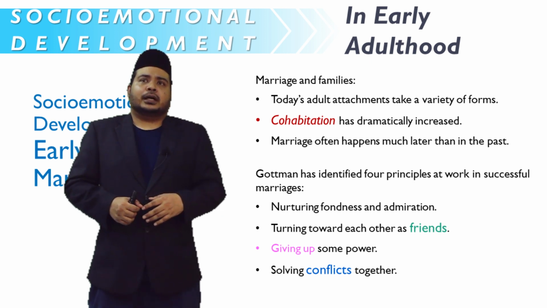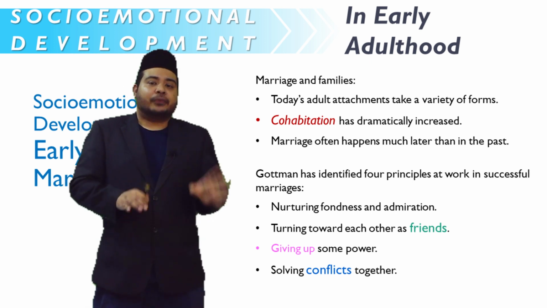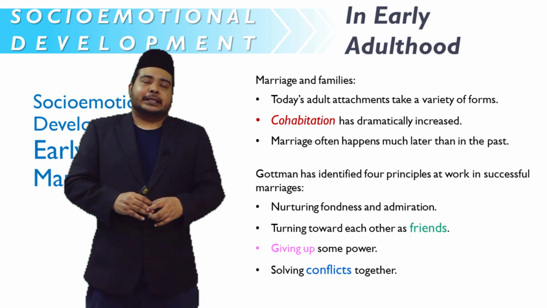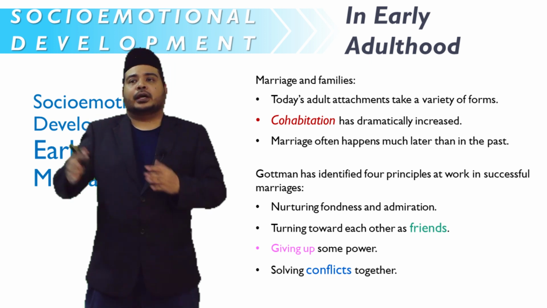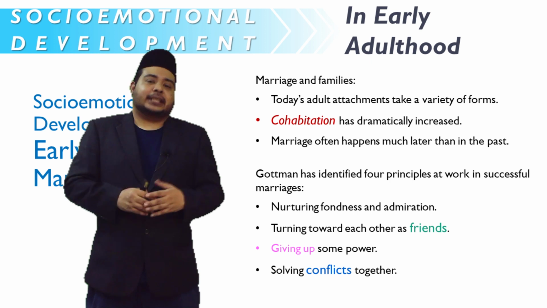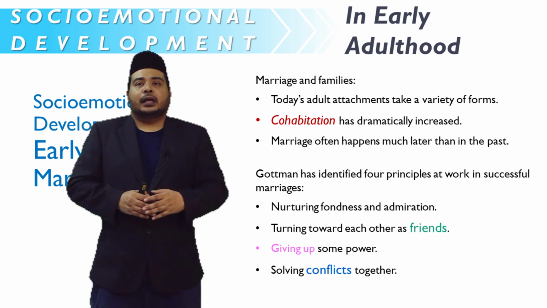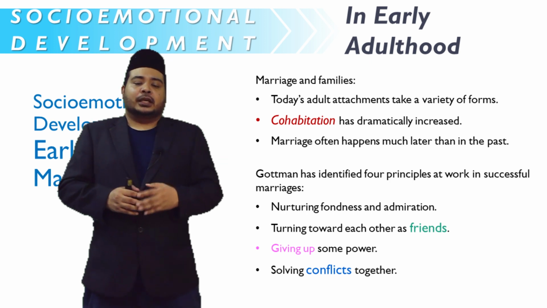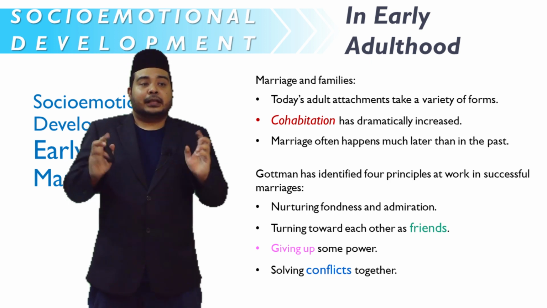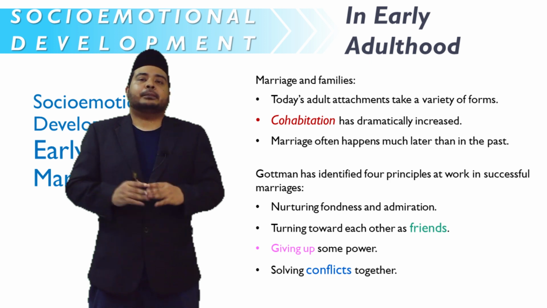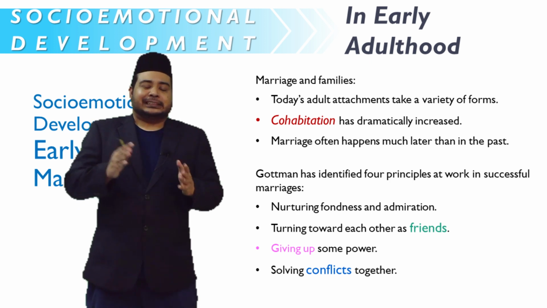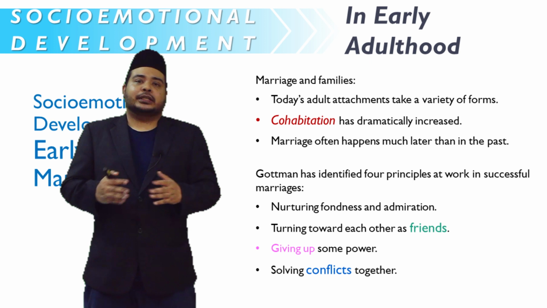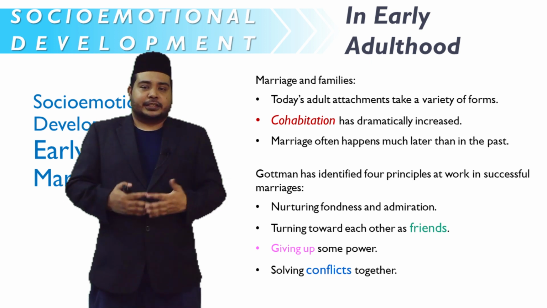Gottman has identified four principles that lead to a successful marriage. Remember, when you learned in your history and philosophy of psychology, you will come across the midlife crisis. Towards middle adulthood, people will experience a midlife crisis.